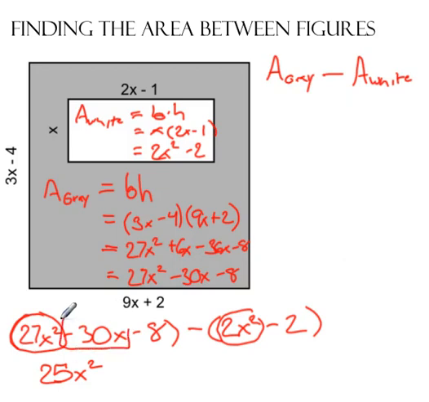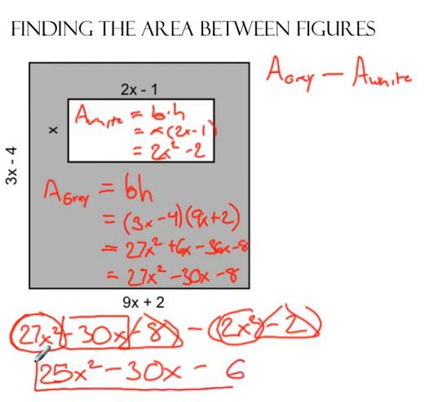There is no linear term over here, so the minus 30x stays the same. And then my constant terms, I have a negative 8 and a negative 2, but I'm subtracting them. Negative 8 minus negative 2 is negative 6. And so this expression right here represents the area between those two figures.